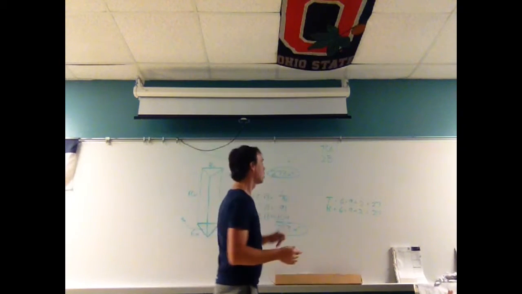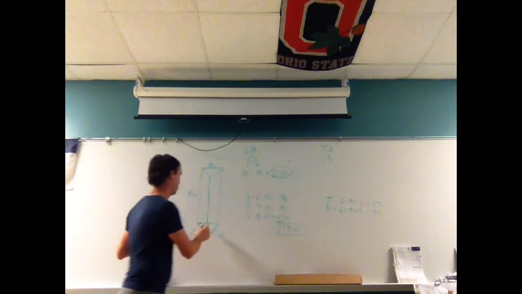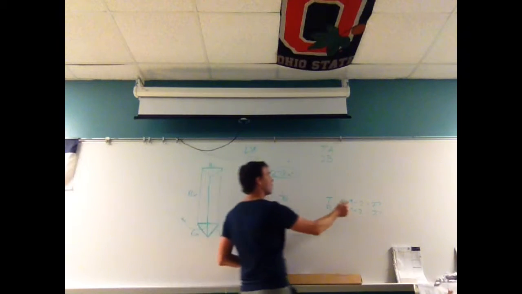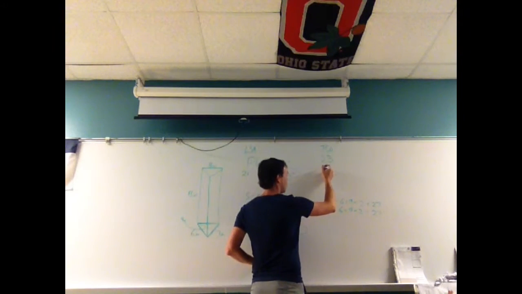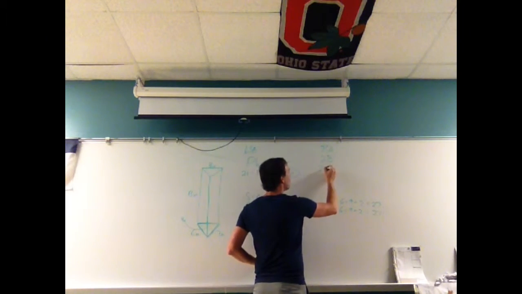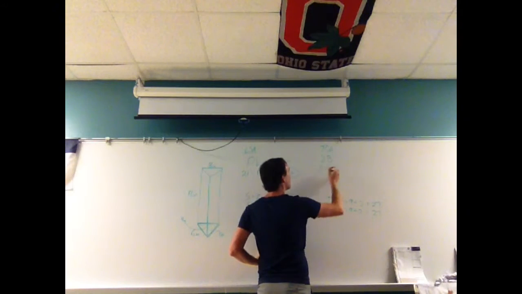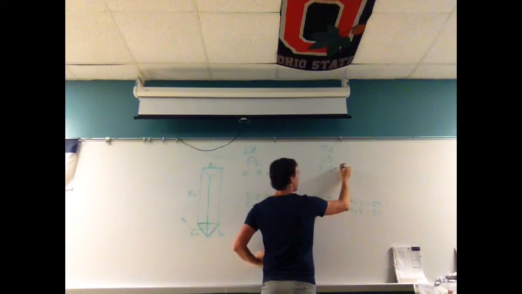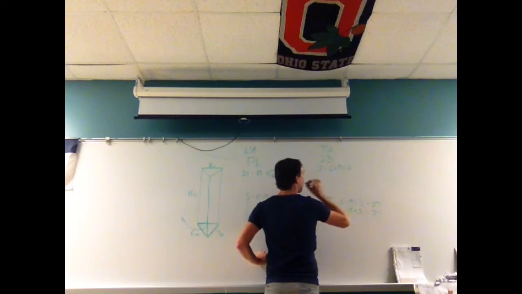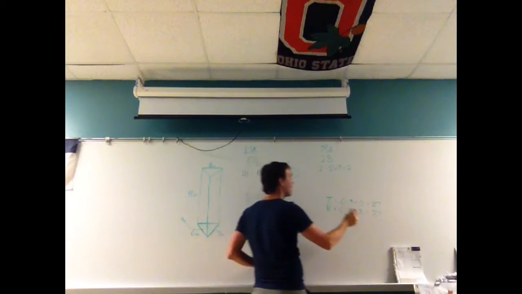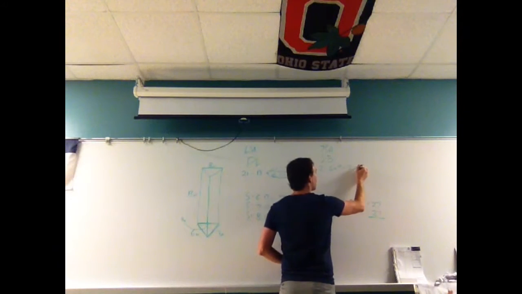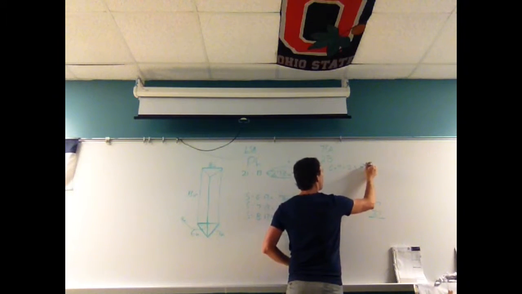Now up here, the area of my base, when we just worked this out, we said was 27. So 2 times 6 times 9 divided by 2, if I multiply this out, I should get an answer of 54.